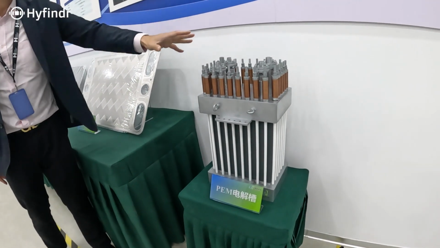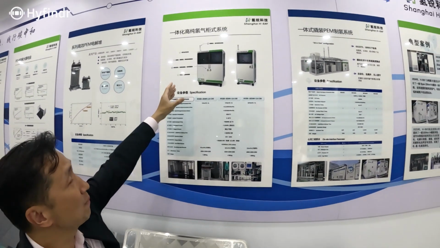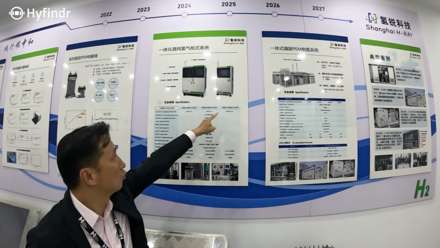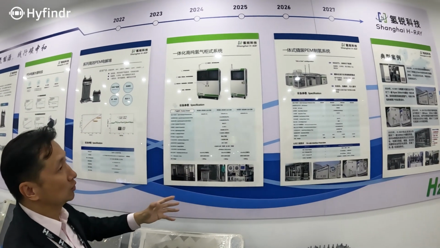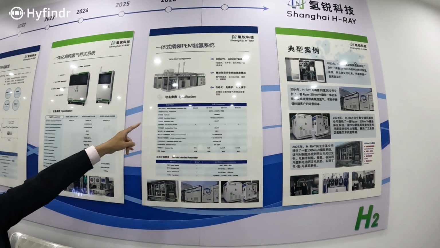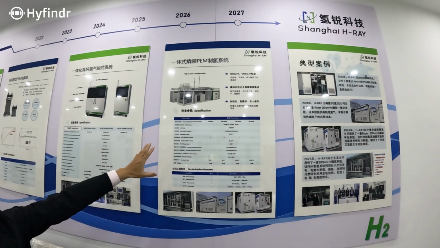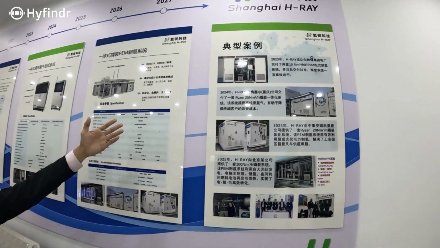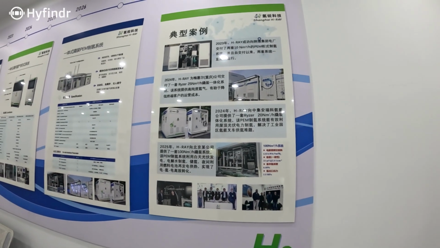And then you put a PEM stack in, for example, this machine, a cabinet machine from 3 cubic meter to 10 cubic meter, just like a fridge size. And if you want a bigger size, we have the containerized systems from 50 to 500 cubic meter per hour for hydrogen. And then they show some example field projects from 2023 to 2025.